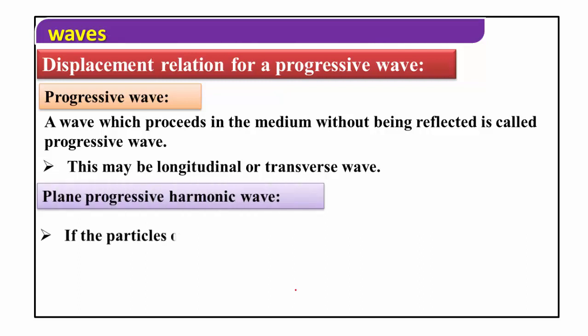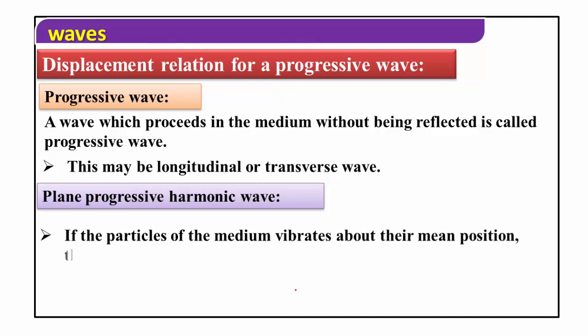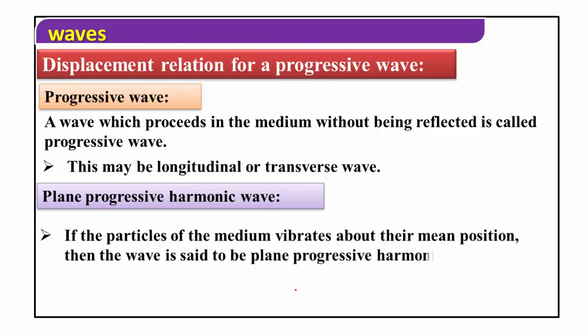In a plane progressive harmonic wave, the particles of the medium vibrate about their mean position. Harmonic means an integral multiple of the waves.